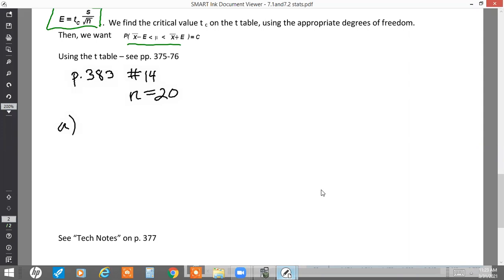So in other words, they found that X bar was approximately equal to $83.75, based on that sample of 20 sleeping bags. And they found that the sample standard deviation was approximately $28.97.